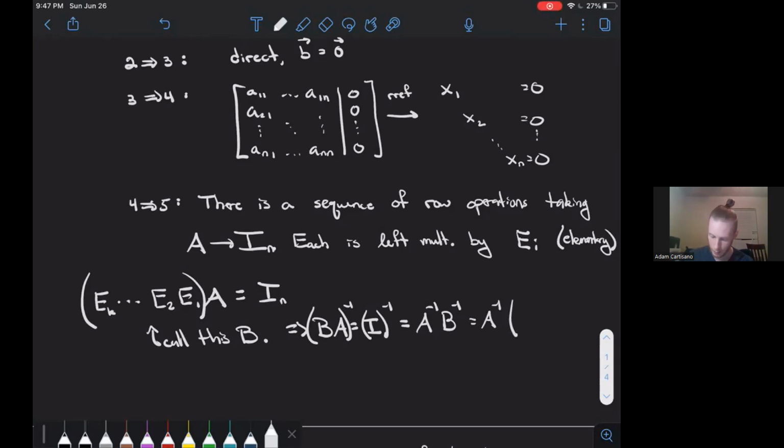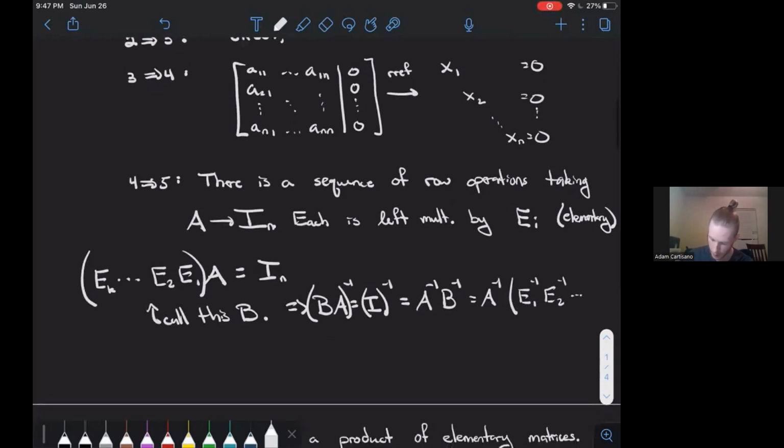So it'll be the opposite order and everything raised to the -1, all the way up to Ek. But this thing is still the identity. If we multiply it on the left by A, then A is A inverse times all the other stuff.